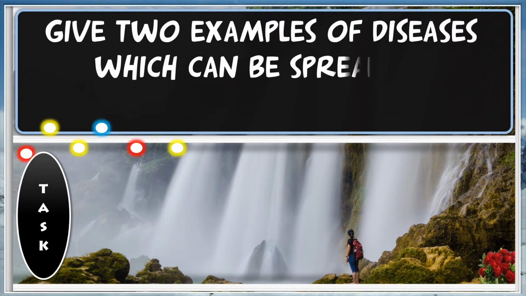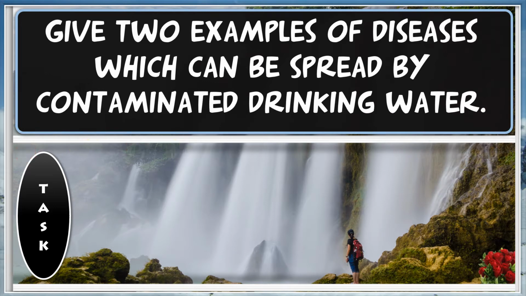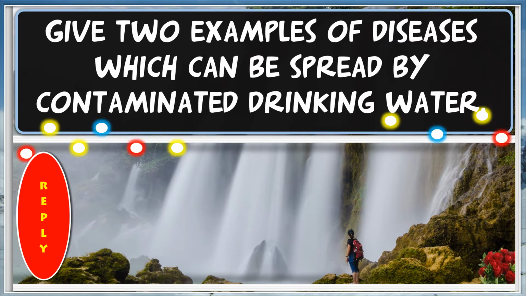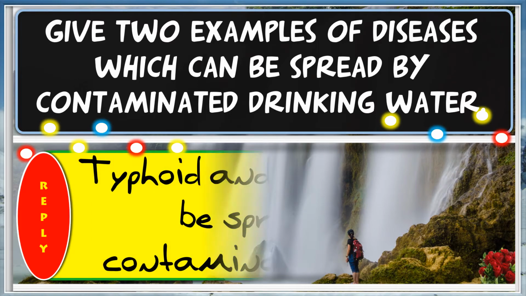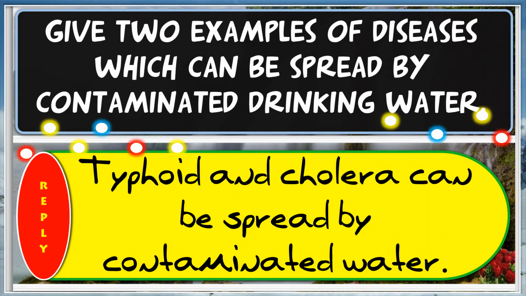Give two examples of diseases which can be spread by contaminated drinking water. Typhoid and cholera can be spread by contaminated water.